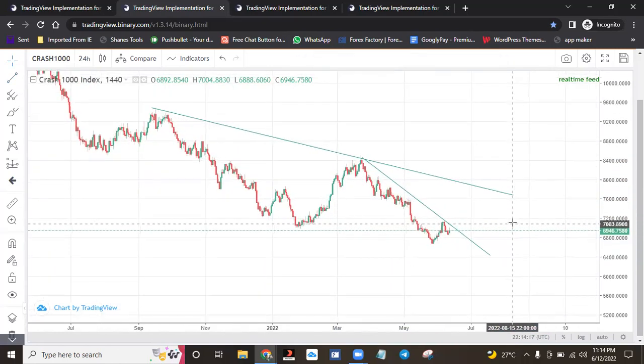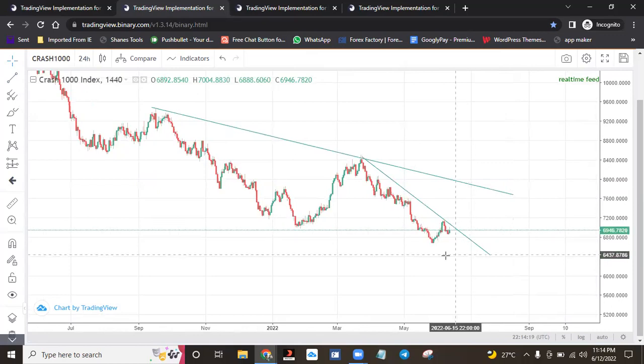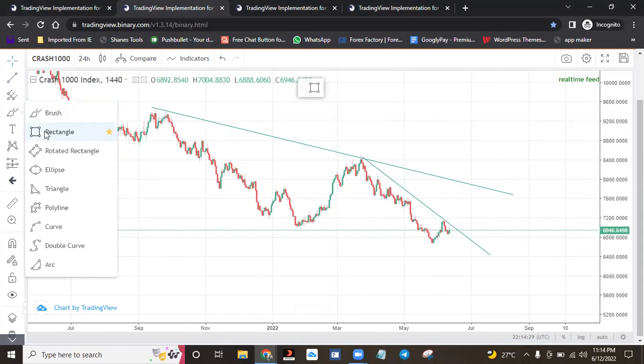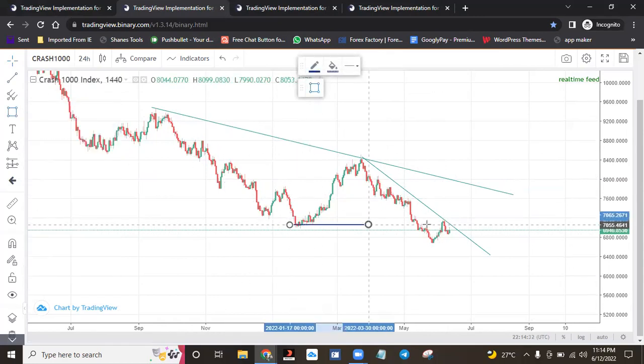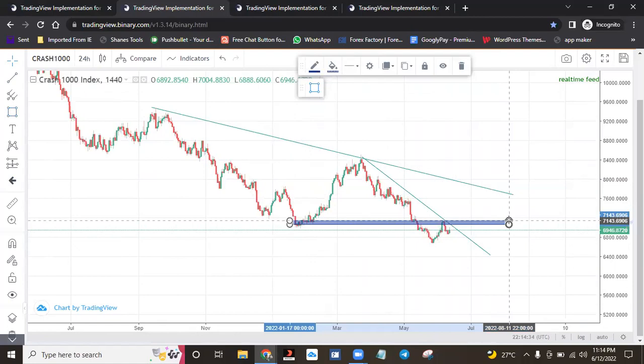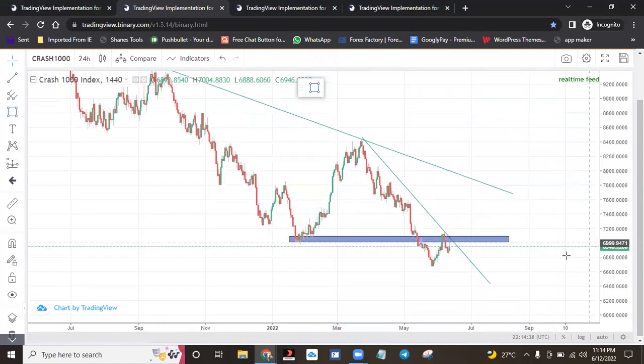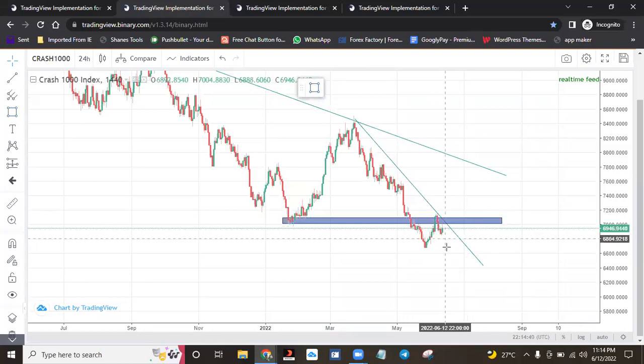Price actually has got into a zone where it found resistance to sell even deeper. Now we have got resistance around here. We've got this resistance zone around here, and that's actually where price found the strength to go bearish.